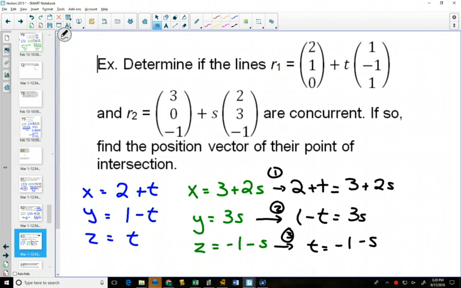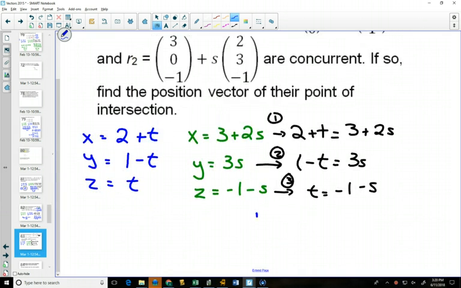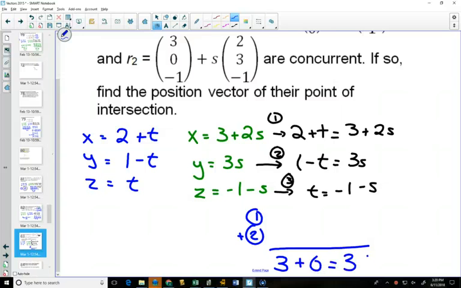If I take equation 1 and equation 2 and add them, I'm going to get 3 plus 0 equals 3 plus 5s. Can you see that?